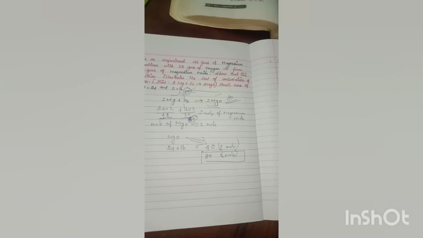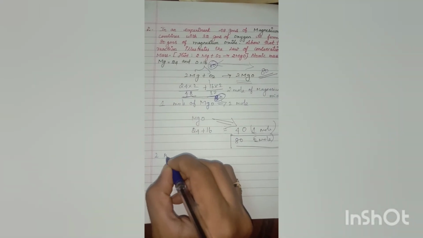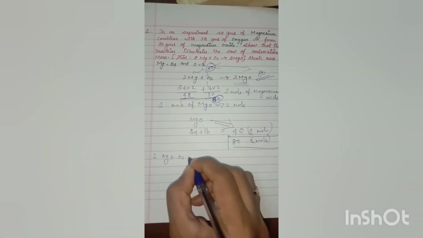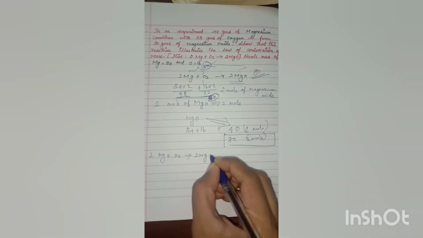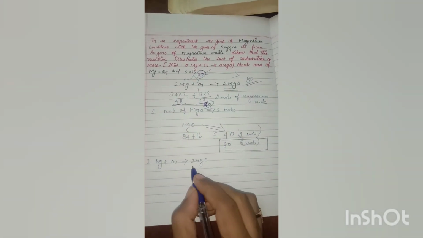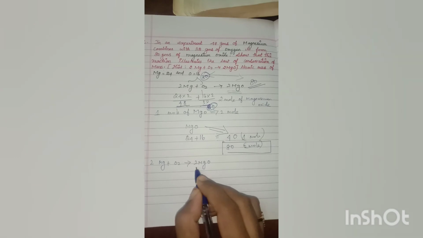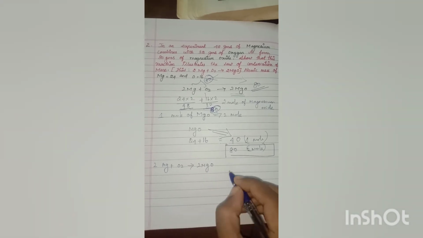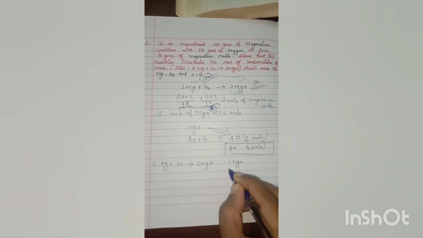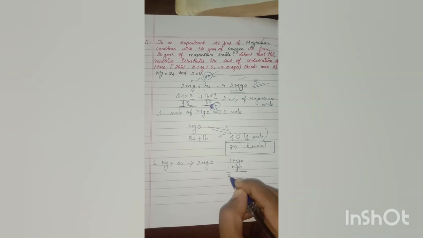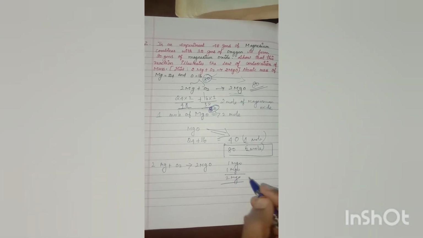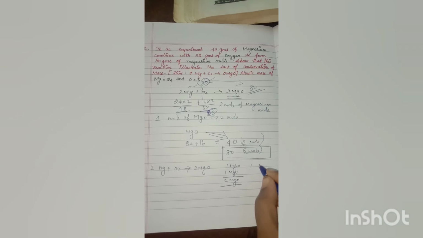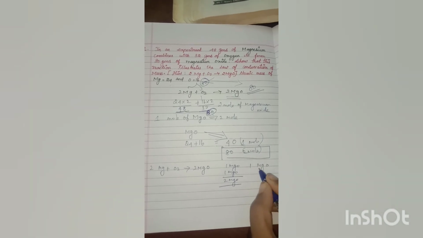Again I will repeat. We know the equation 2 Mg plus O2 gives 2 MgO. First we find out the mass for this. If we find 1 MgO, then automatically we can add another 1 MgO, then we get 2 MgO. So first find out the 1 MgO value. How can we calculate it? Mg, magnesium.